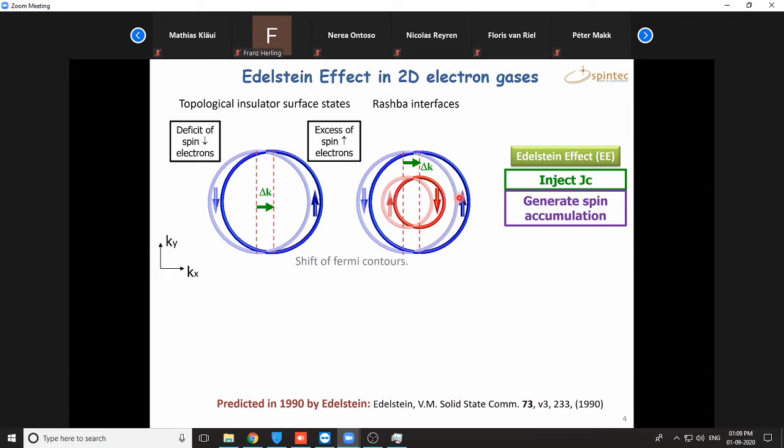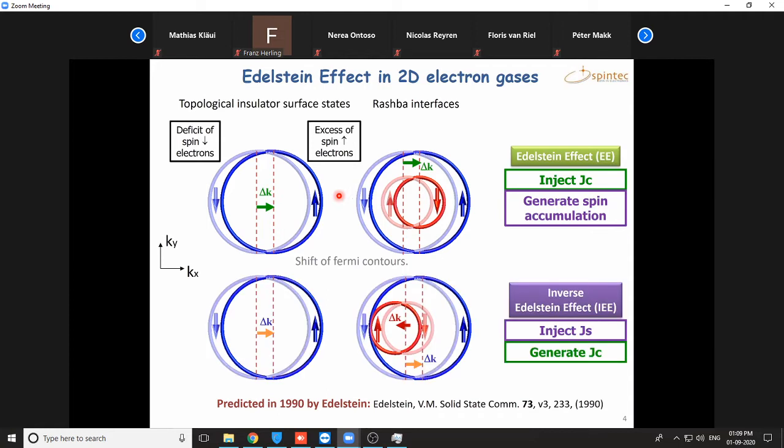So in the case of Rashba interfaces, sorry, I forgot to mention, here you have two Fermi contours with opposite chirality. With respect to topological insulator, this spin accumulation is blurred by the inner counterclockwise contour. So in principle, topological insulator should lead to larger spin accumulations.